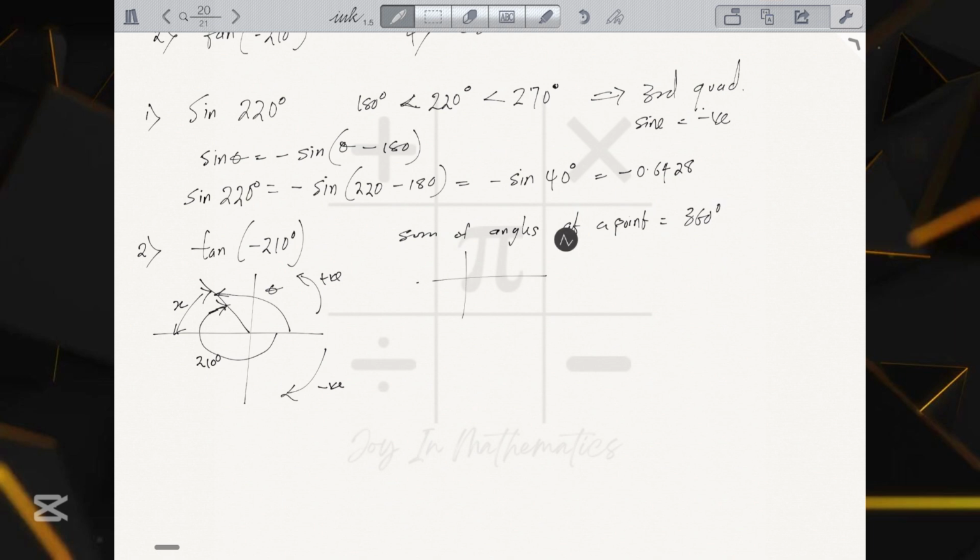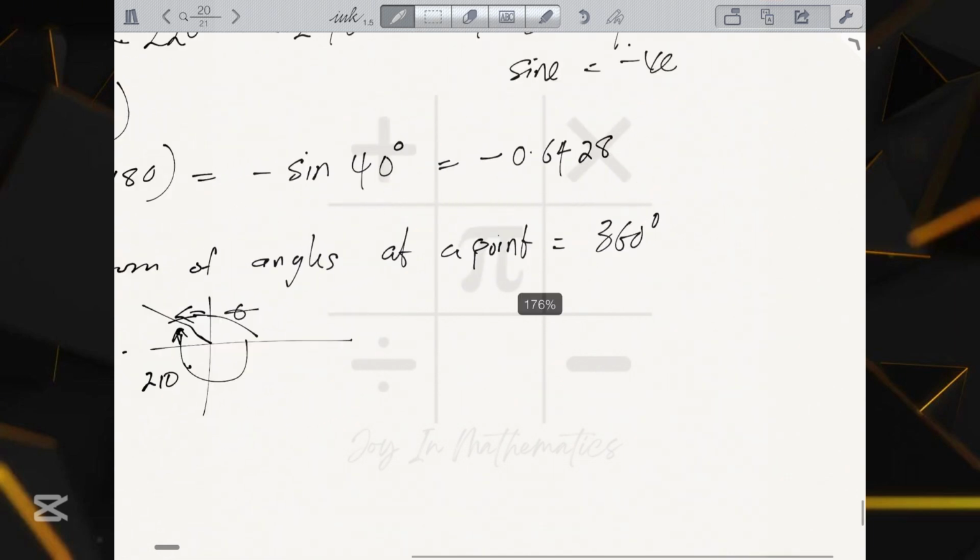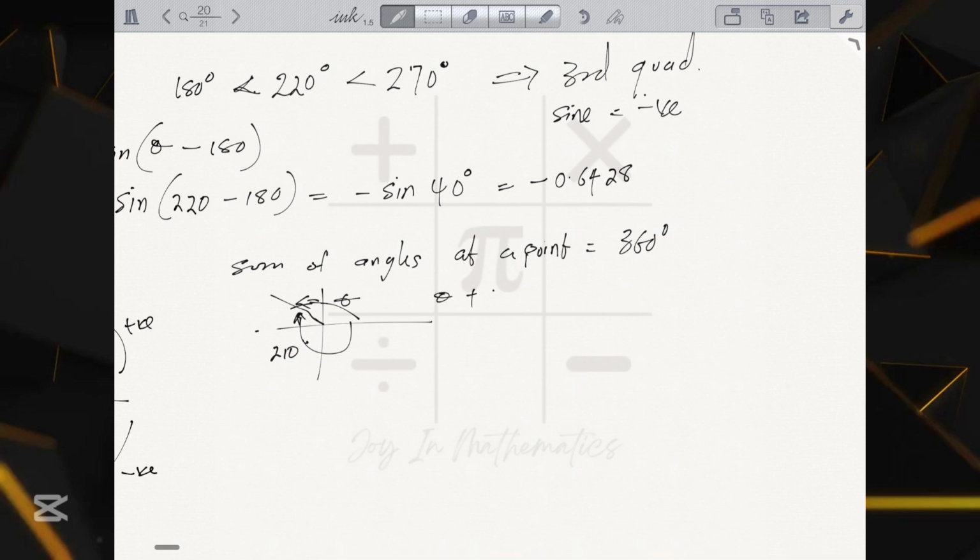Therefore we are saying that this is 210 and this is our theta. So theta plus 210 is equal to 360 degrees.